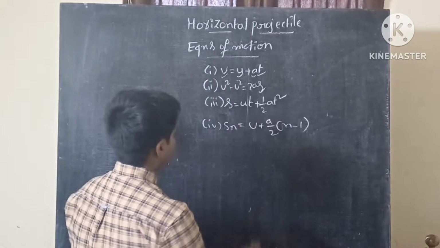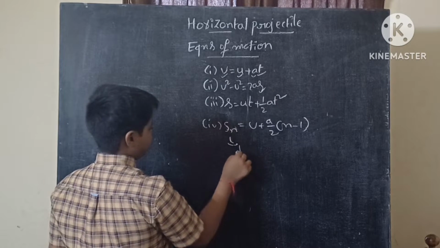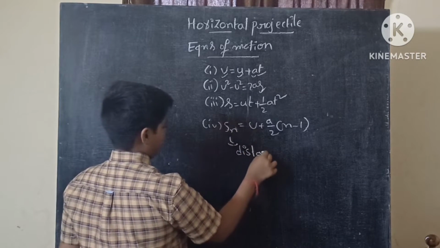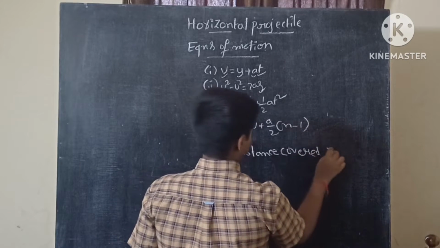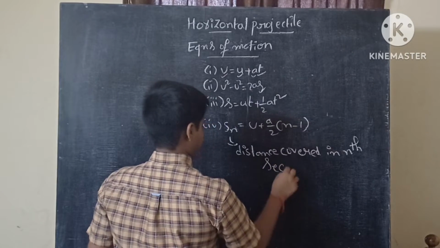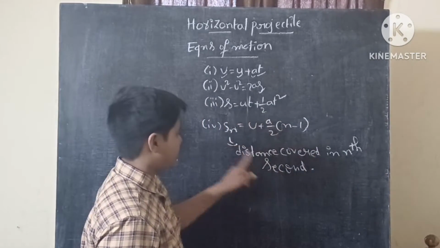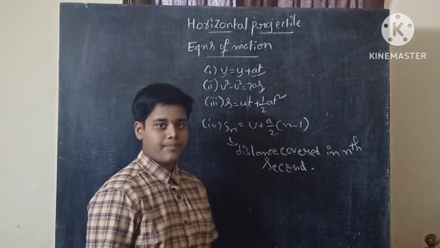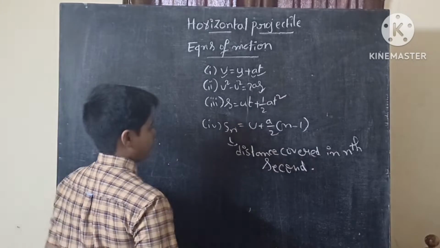And s nth means distance covered in nth second. So these are the four equations of motion.